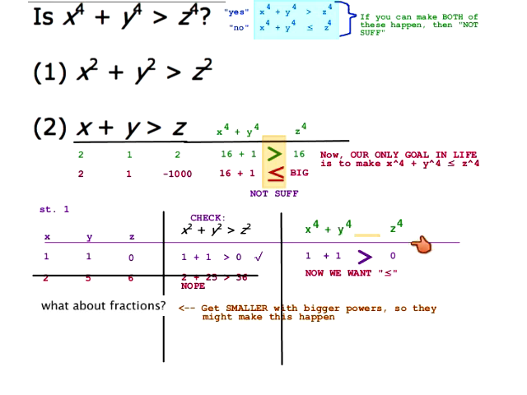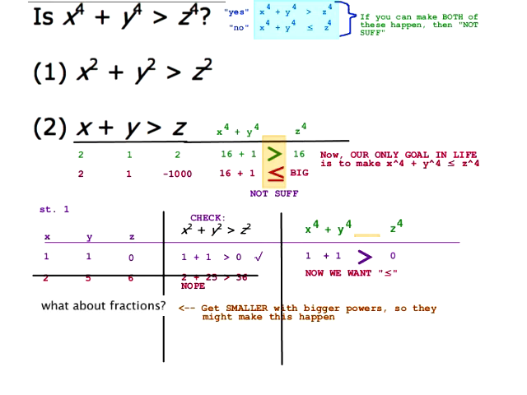And then if we're trying to make this happen, x squared plus y squared still has to be greater than z squared. But x squared plus y squared shouldn't be that much greater than z squared, because we wouldn't want it to be that much greater. The idea is that we want this to be bigger than that, but then we want these to get smaller, right?